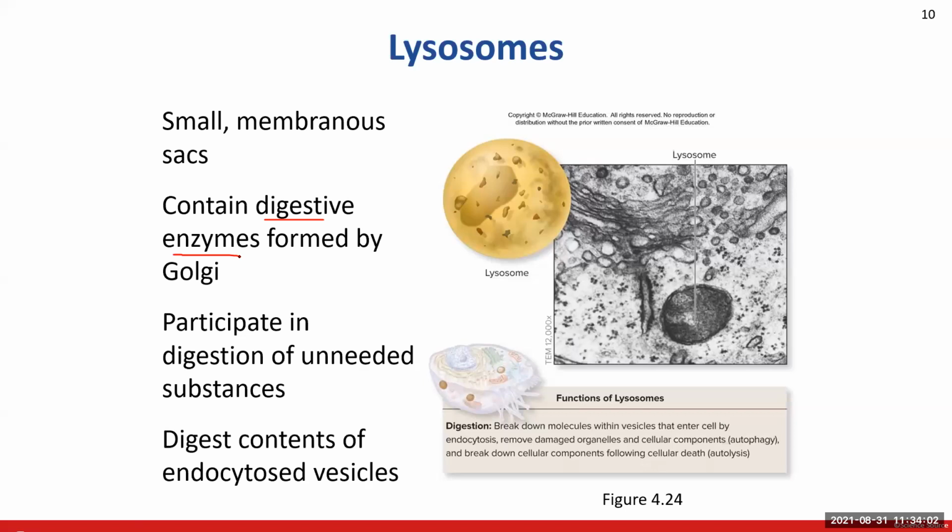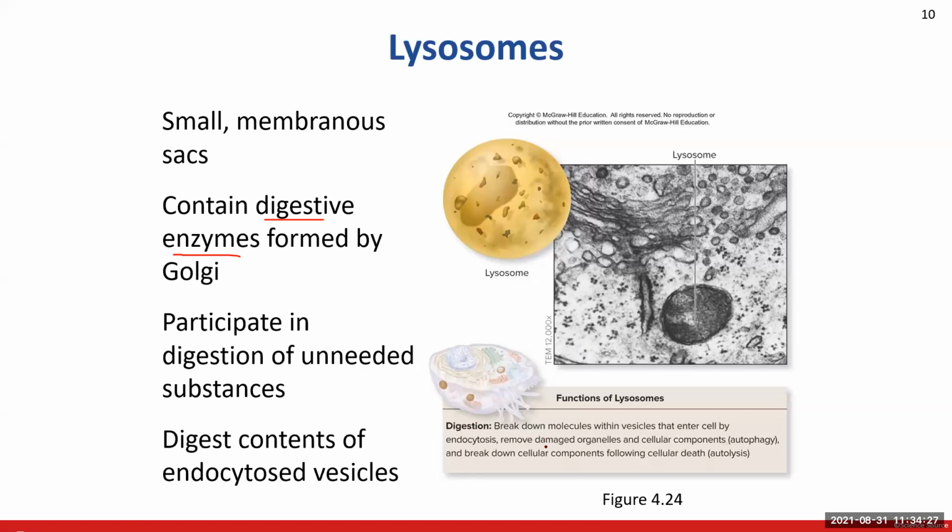They will break down molecules that they fuse with that were maybe hanging around inside the cell that it didn't need. So certain substances may enter into the cell. The lysosome will then fuse with that, and it will digest whatever those contents were.